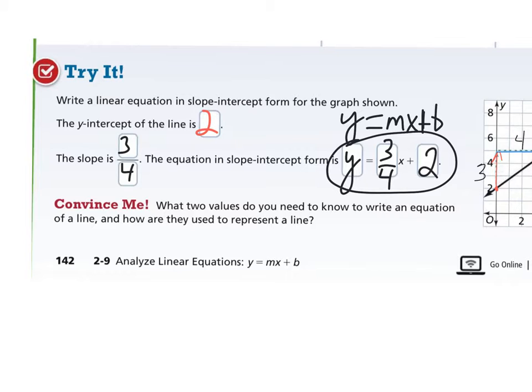With this information, you guys are now capable of coming up with the equation of any line, even if it's not proportional. It's pretty powerful stuff here. And again, it is called slope-intercept, so those are the two things you need to find. You need to find the slope, and you need to find the y-intercept of the line.